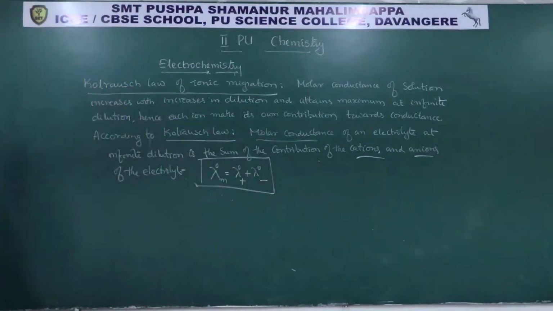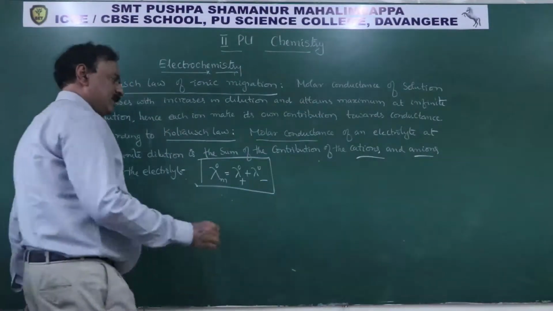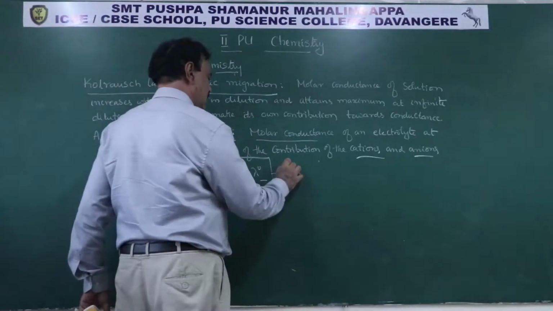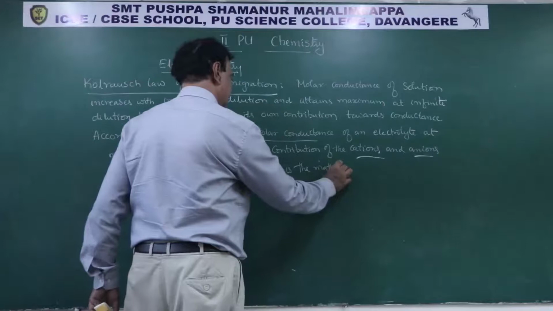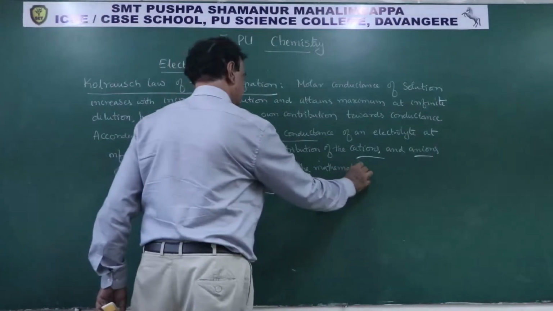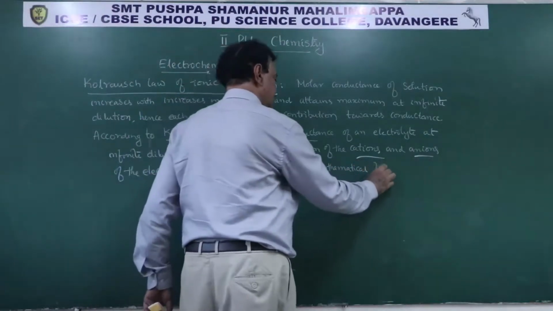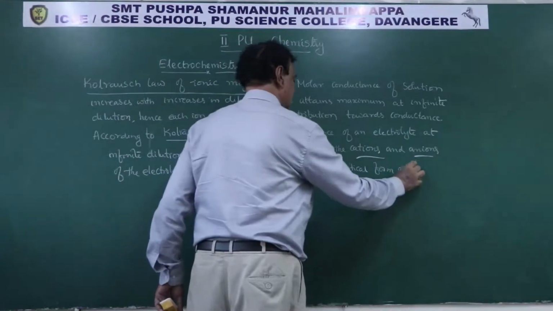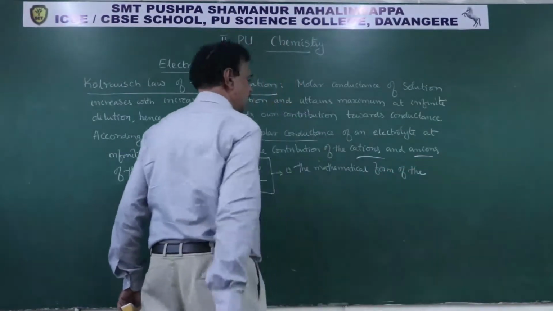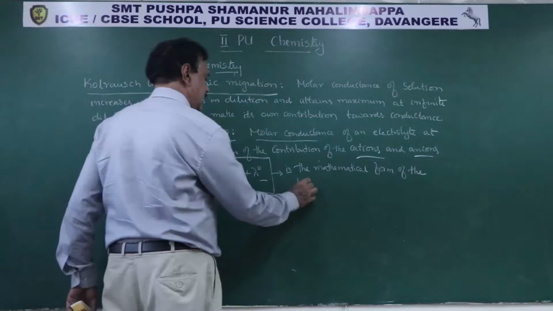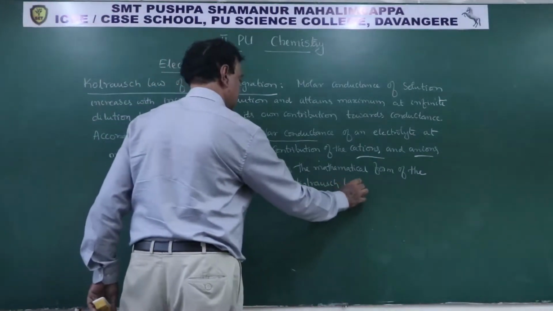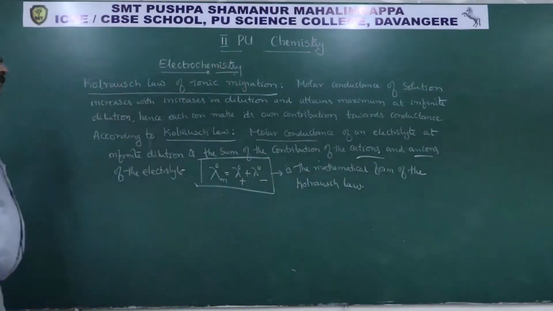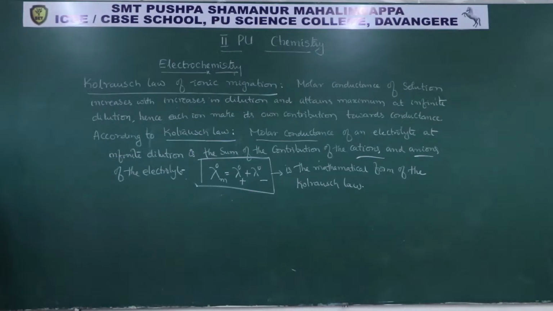This is the mathematical form of Kohlrausch's law.